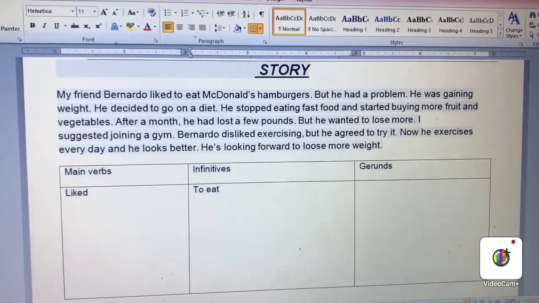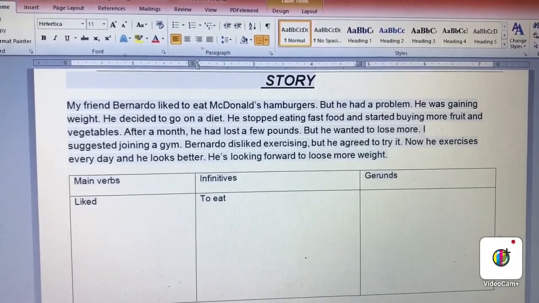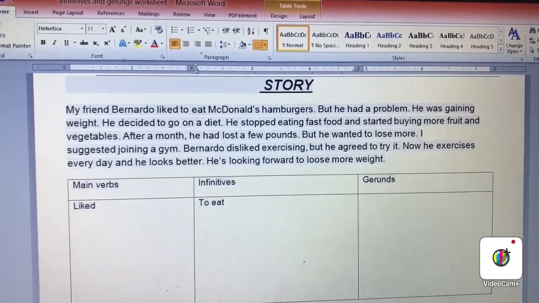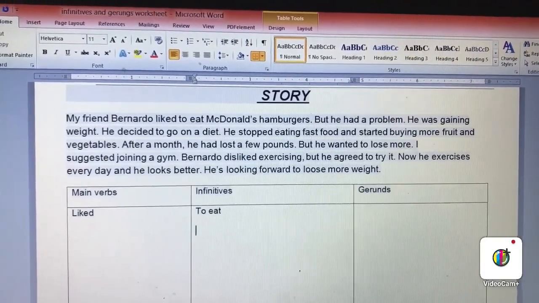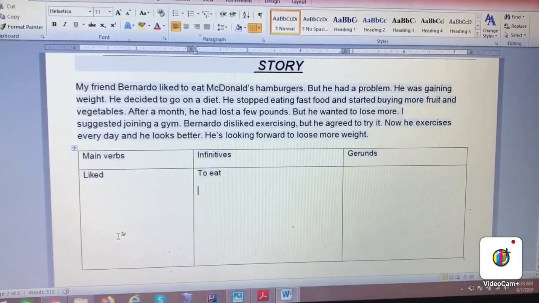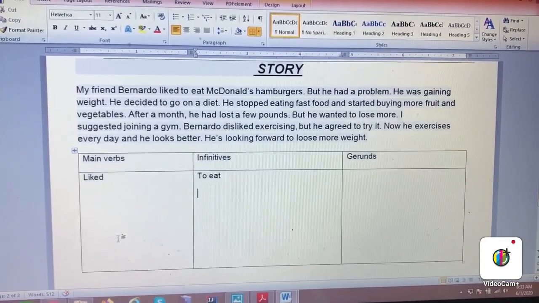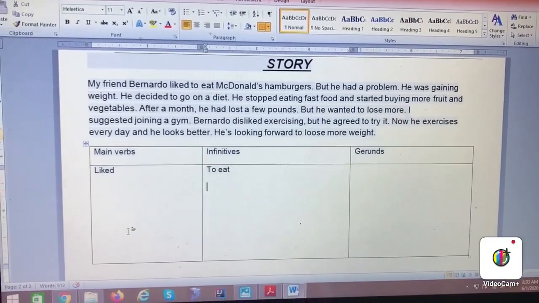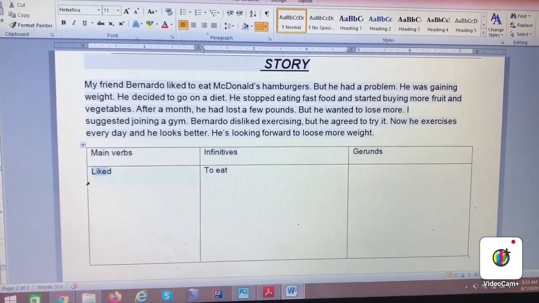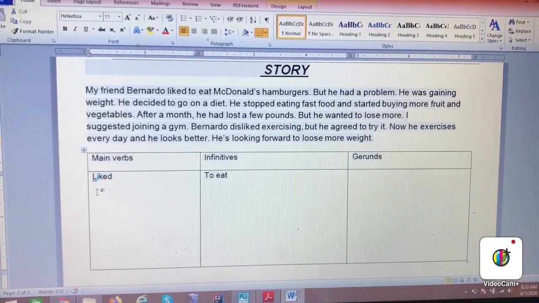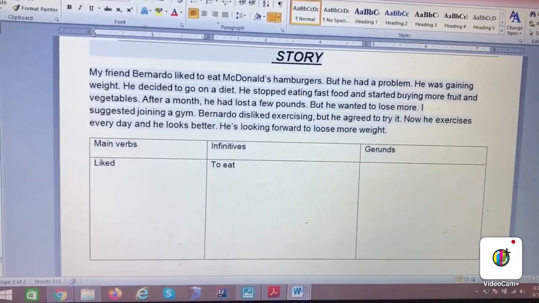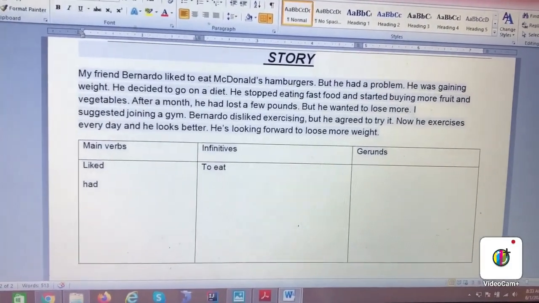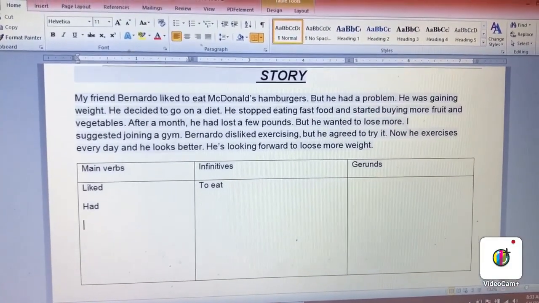Okay, we can have a verb and an infinitive in a sentence, or we can have a verb or a gerund in a sentence. Next sentence is, but he had a problem. Here we are having had. Okay, now let's take the third one.